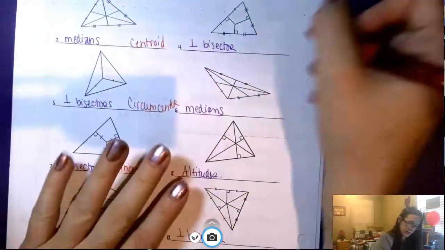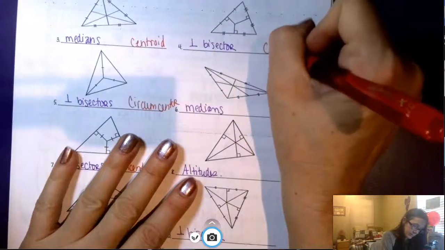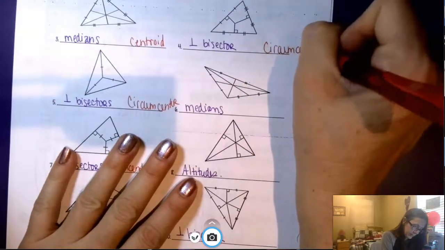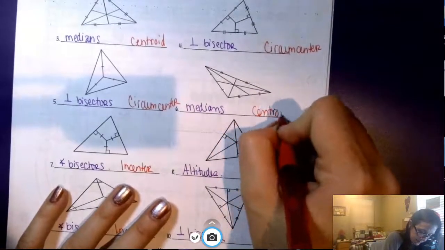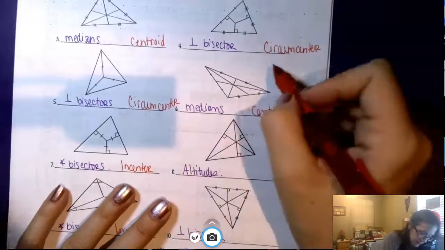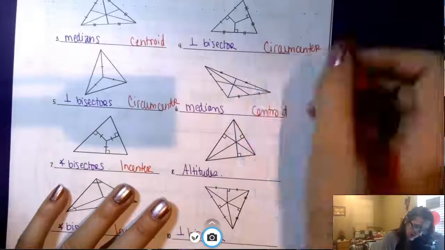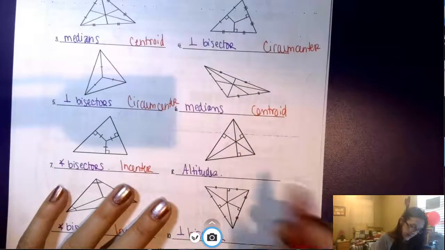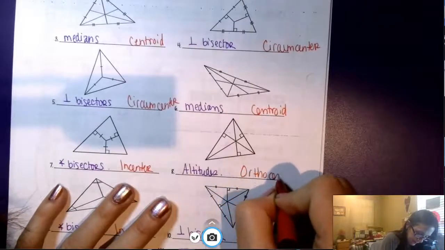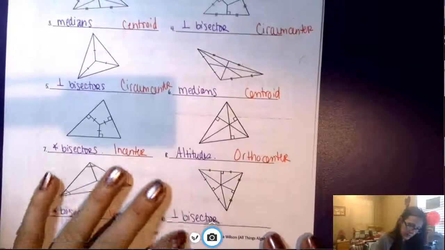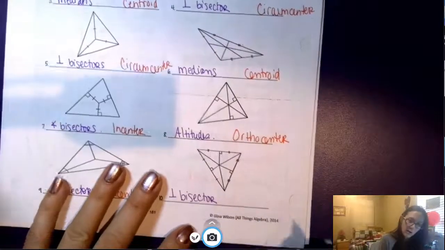Perpendicular bisector is a circumcenter. Medians are centroids. Altitudes are orthocenters. And then perpendicular bisectors down here are circumcenters.